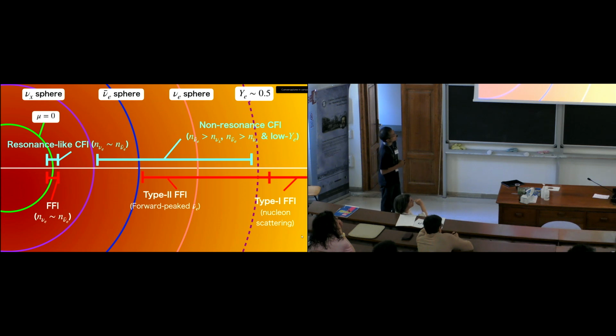And there are three kinds of neutrinospheres written like this, and the non-resonance CFI is also expected in this region, and the fast flavor instability is expected outside the neutrinosphere of the anti-electron type neutrino, like this.